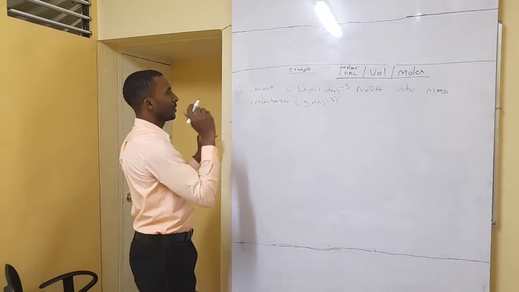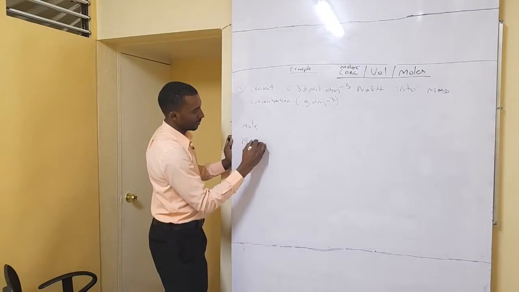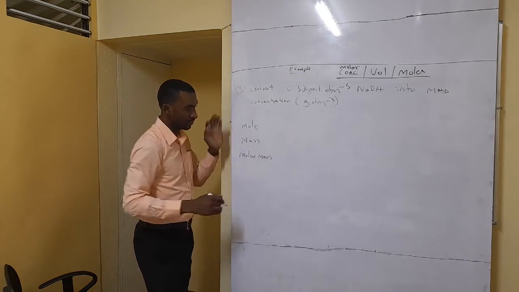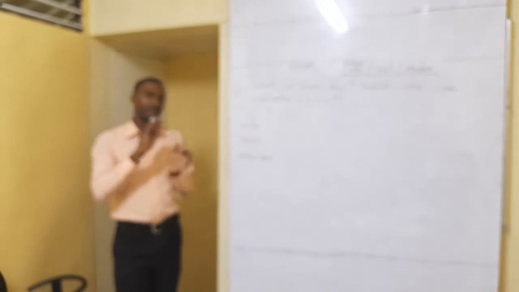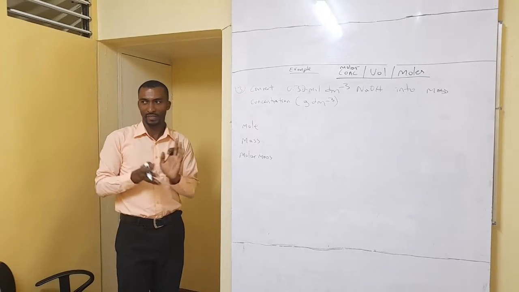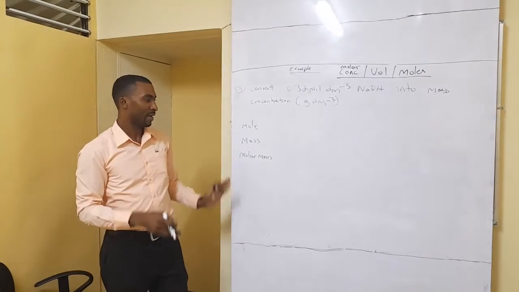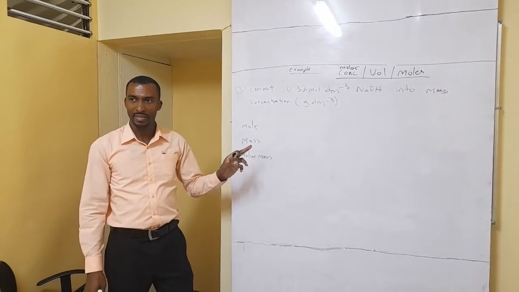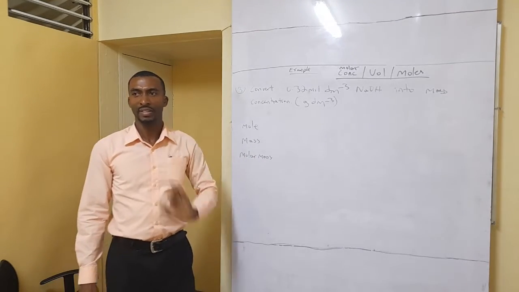So the things that we need to know here is that we can interrelate mole, mass and molar mass. Remember that mole is like the central point to all the different stuff. So we can relate moles to mass to molar mass. Now, what's the molar mass? The molar mass is the relative molecular mass of the compound expressed in grams.